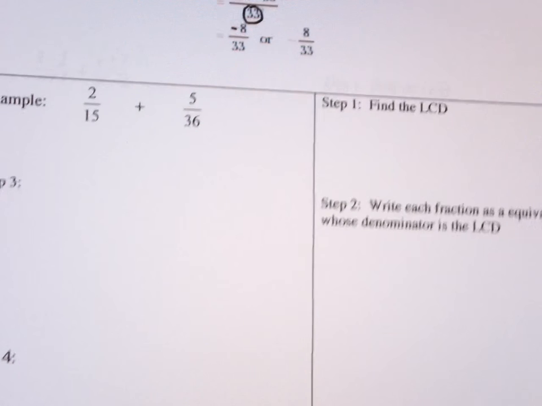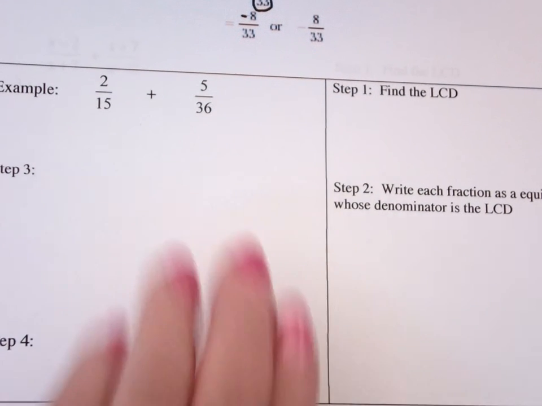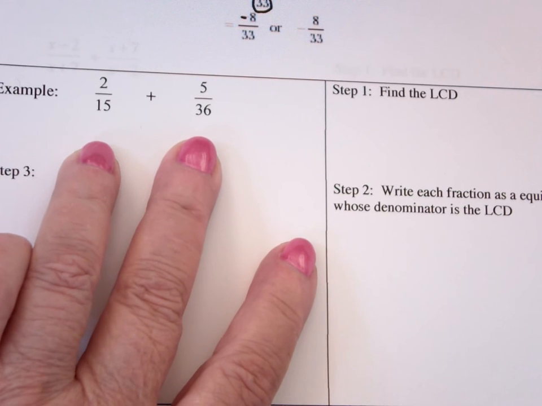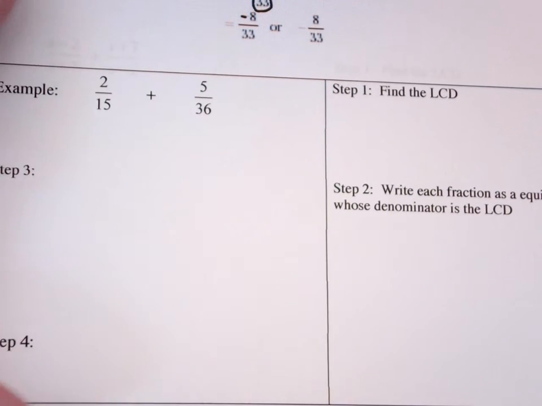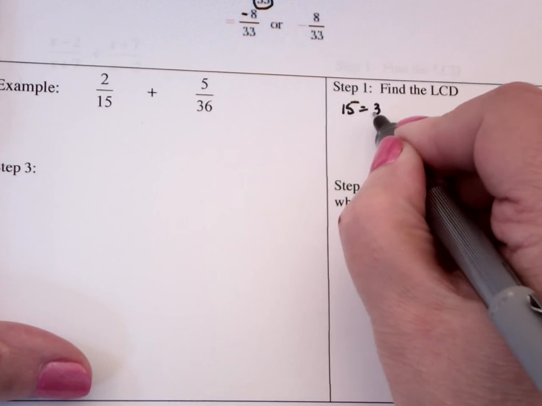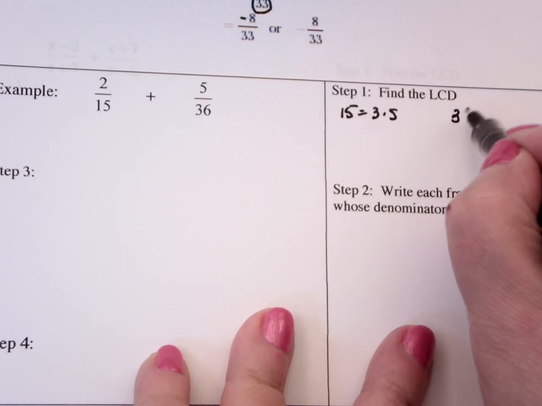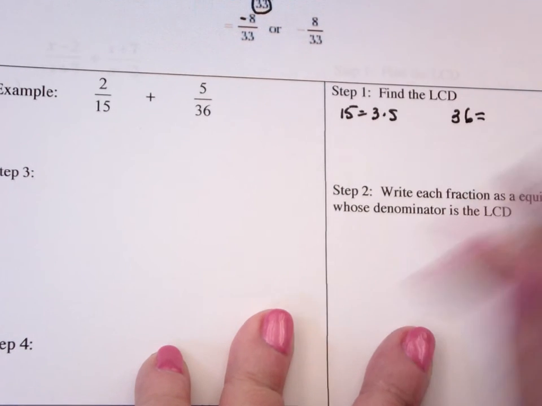Okay, so here we go. Step 1 is to find the LCD between 15 and 36. Well, we know that 15 is 3 times 5. That's easy. 36 is going to take some work for me.